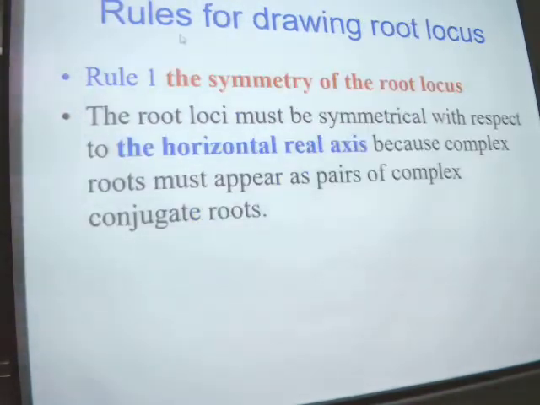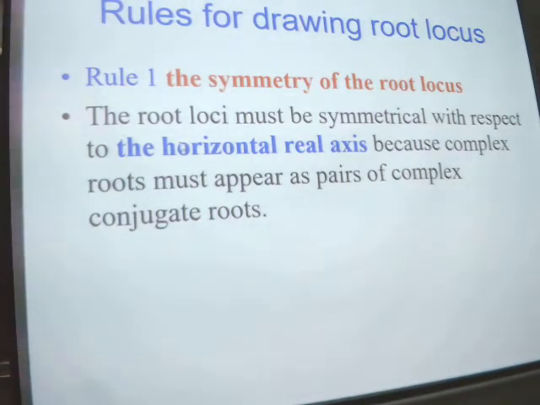Then there are some rules for drawing the root locus. The rules tell us how to draw the figure of the root locus. First is the symmetry of the root locus.